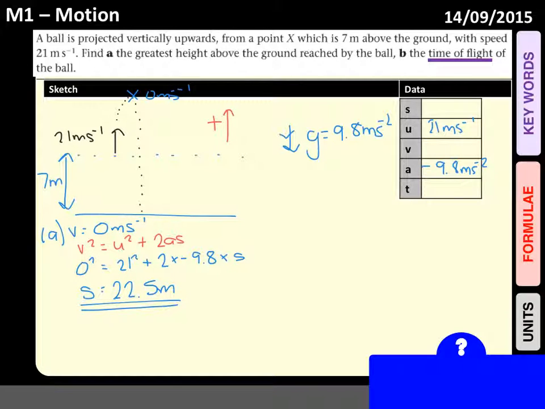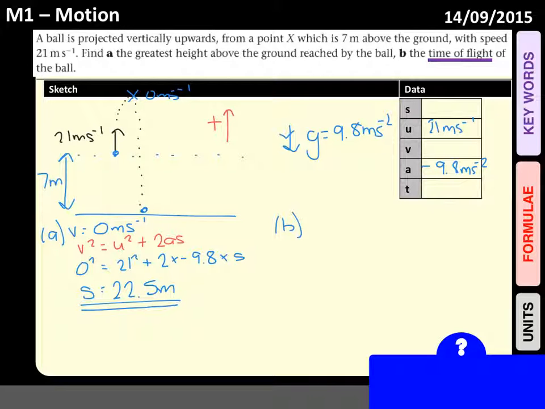On to part B. We're now looking for the time of flight of the ball, and what we want to consider here is the total displacement that the particle has gone under from its starting point to when it hits the ground. So although it started at this point just here, it finished there.